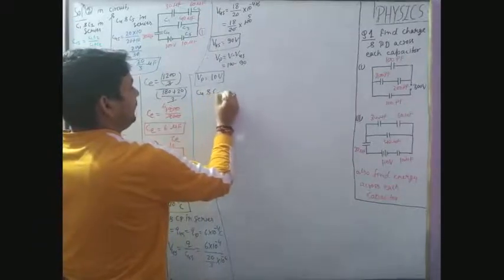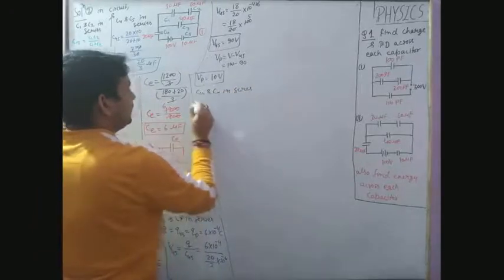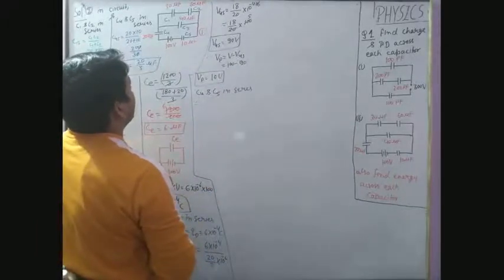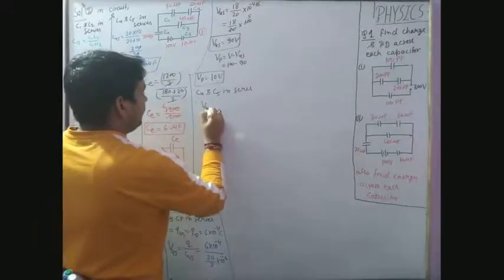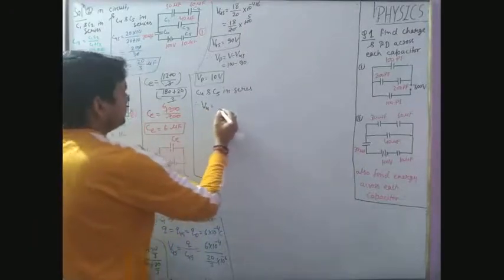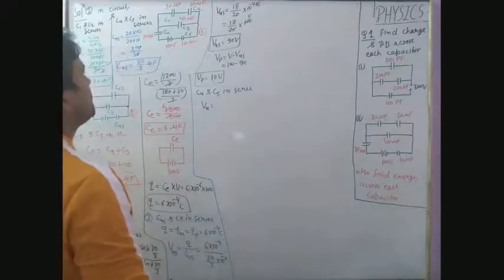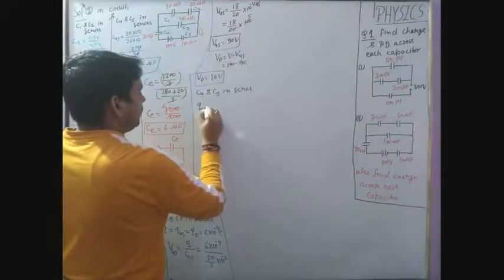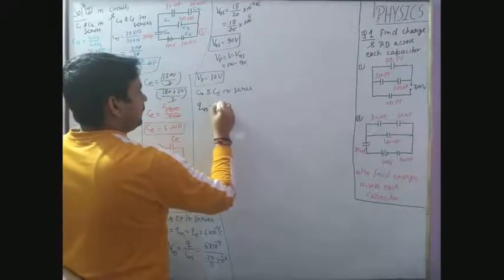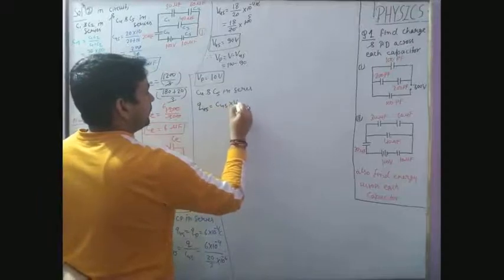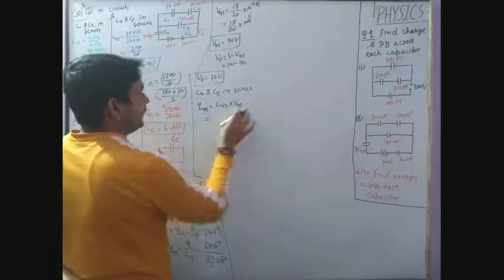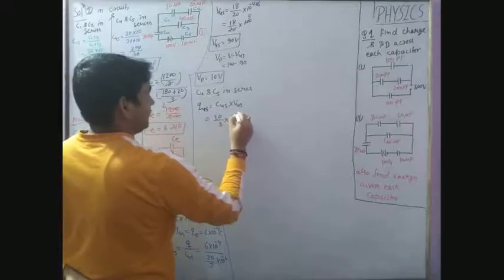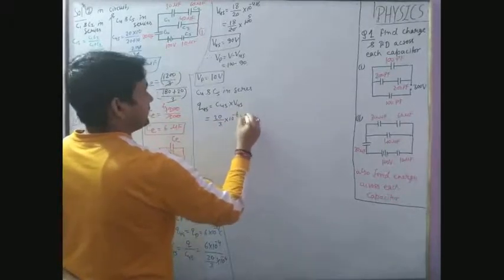C4 and C5 in series, therefore V4 is equal to, okay, first we need to calculate the value of charge, that is charge 45, which is equal to C45 into V45, okay, which is equal to 20/3 into 10 to the power minus 6, and this result is 90 volts.